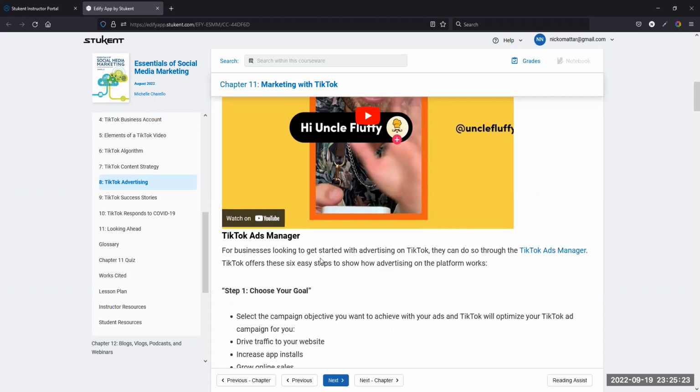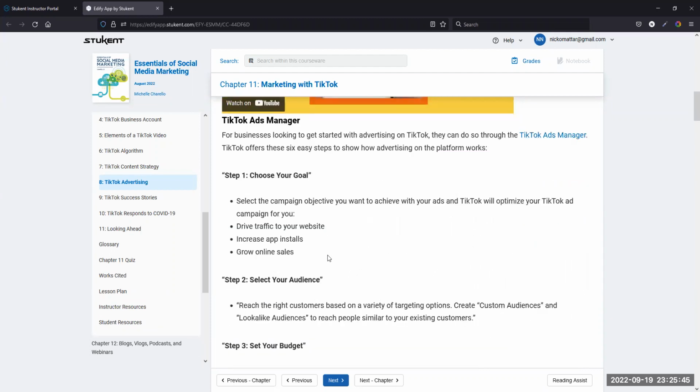What I did is, TikTok loves giving out free money or discounts. So with TikTok, to advertise, you have to buy coins, and it's just their way of getting more money out of you. So I bought some coins. I think it was about $20, and I would then get a free $20 worth of coins. And I chose a goal.